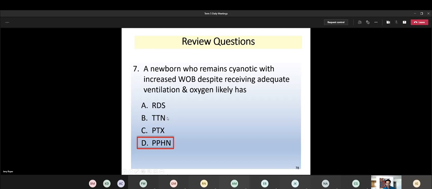So that means that no matter how much oxygen you give, no matter what you turn your ventilator settings to, as long as those shunts are still open, there's still going to be fetal circulation. And fetal circulation does not work on the outside. And that's why we're going to see the cyanosis. So that's the key here. They remain cyanotic regardless of what we do as far as the ventilator or oxygen, and they're still working hard as well. So that's classic PPHN. And again, you've got to deal with those shunts.